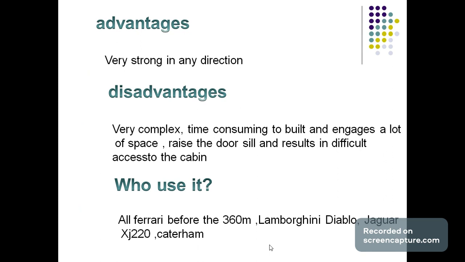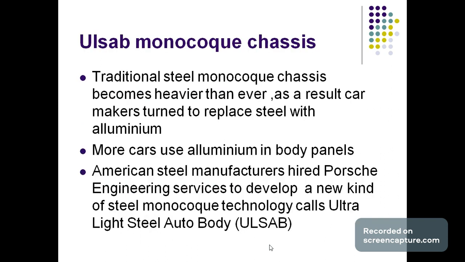A lot of space is taken by the door sill, resulting in difficult access to the cabin. It is used in all Ferraris before the 360 Modena, Lamborghini Diablo, and Jaguar XJ220.